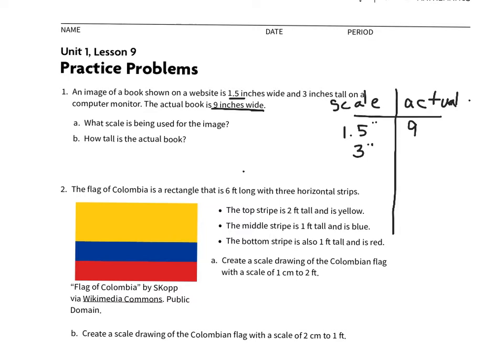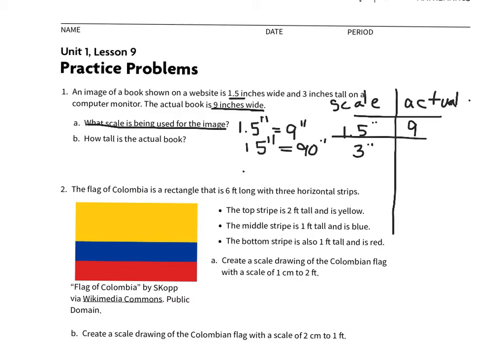What I want to know is, first of all, what scale is being used for the image? And we use those numbers that we know. Our scale might say something like 1.5 inches equals 9 inches, or 1.5 inches represents 9 inches. We could change that. We could say 15 inches represents 90 inches.